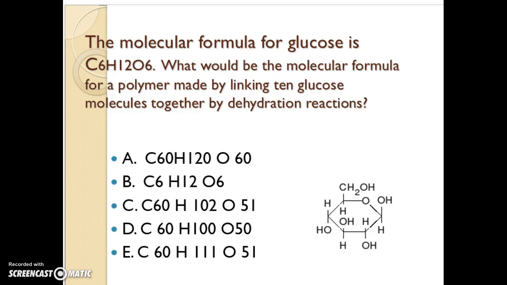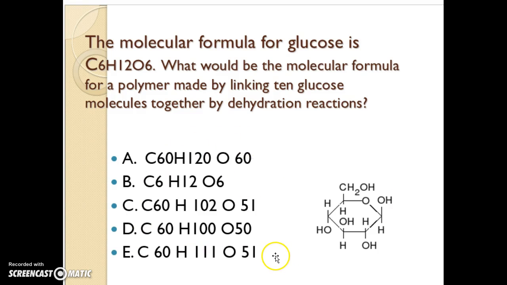And then from that number, you would take out the 9 water molecules. So you would say 9 times H2O to figure out how many hydrogens and how many oxygens you would need to subtract from your 10 glucose molecules. And when you do that, you can end up figuring out the answer here.